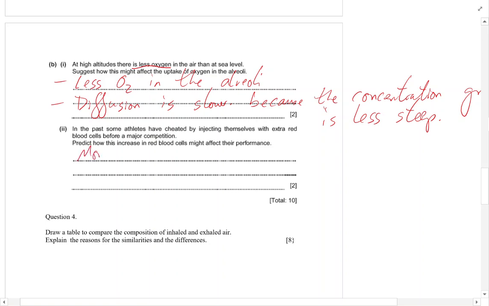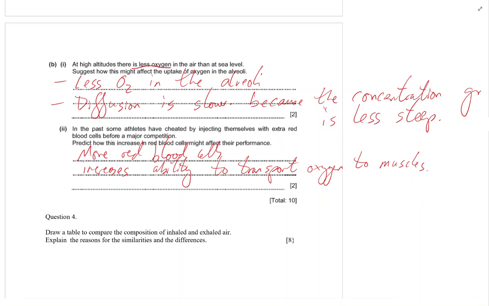So, more red blood cells increases the ability to transport oxygen to muscles, and so more respiration can occur, and therefore they'd have more energy.